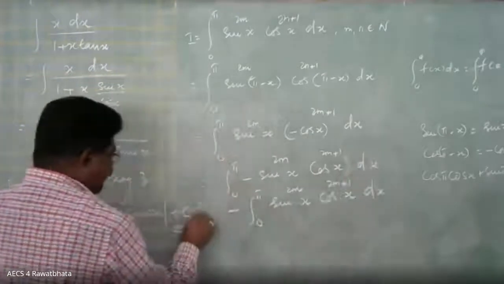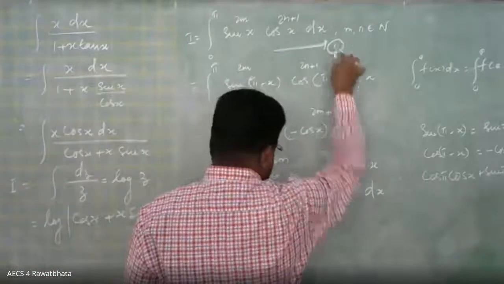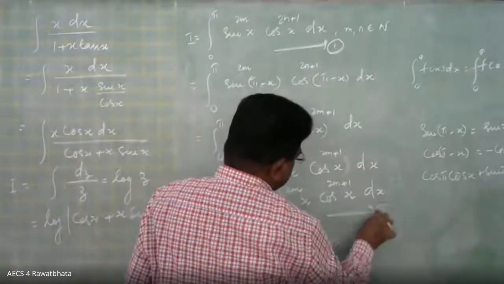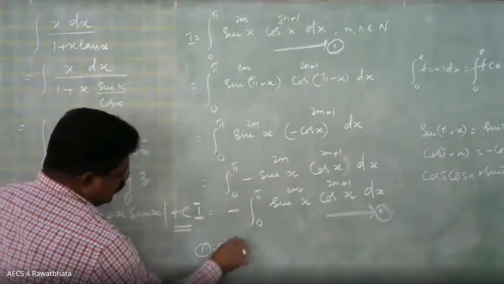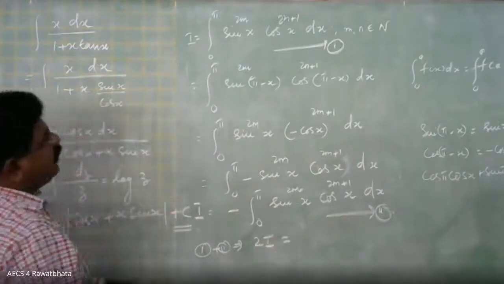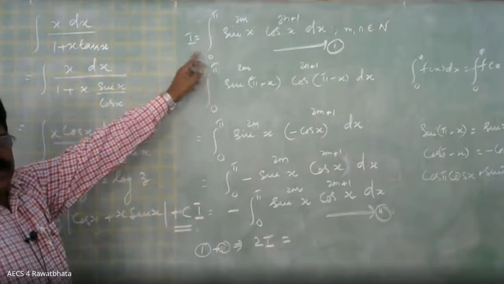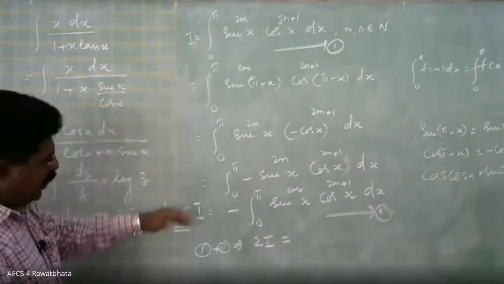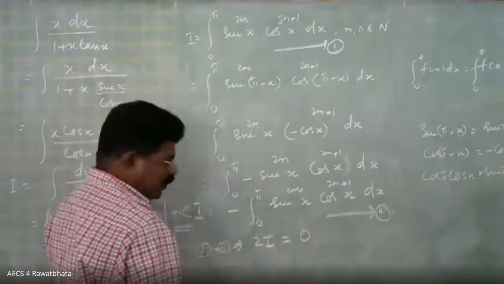Keep this as I, and this is also I: this is 1 and this one is 2. Add 1 plus 2, so 2I is equal to 0, since one I is positive and another I is negative.